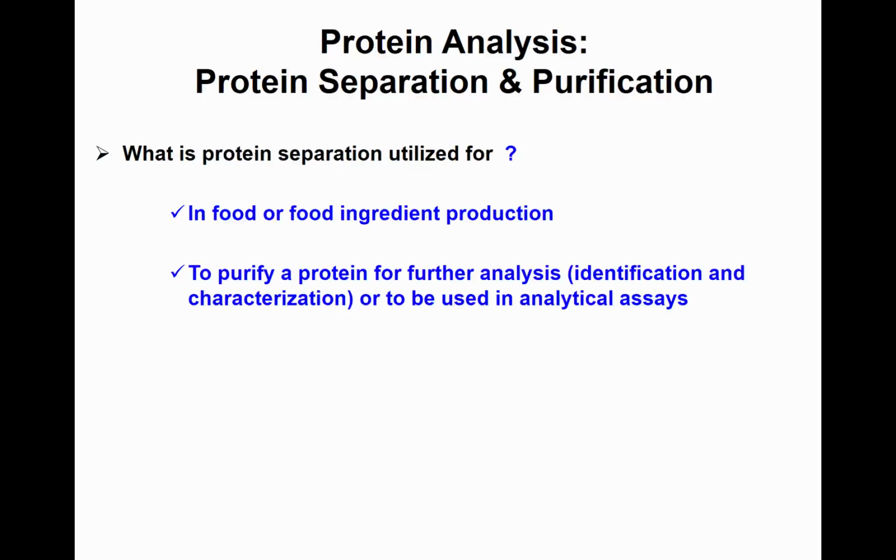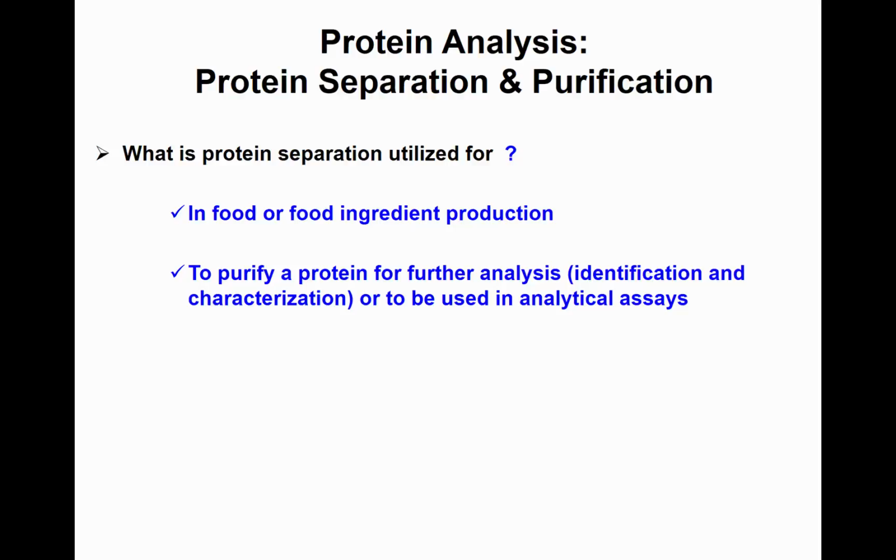Let's see, there are others. So we purify proteins for further analyses. Like Sonia said, we can fractionate and look at the different functionality of each fraction. Also, we can isolate proteins that act as substrates. For example, casein is often isolated and used in enzymatic assays to determine enzyme activity.